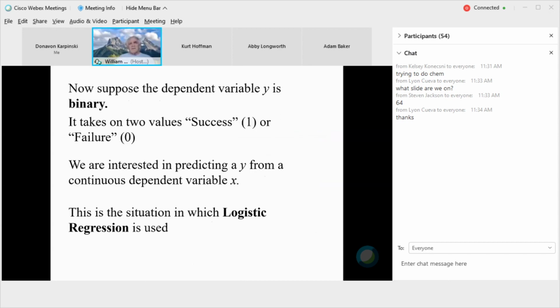Sometimes the dependent variable is not a continuous measurement. Sometimes it's just a binary measurement, success or failure.